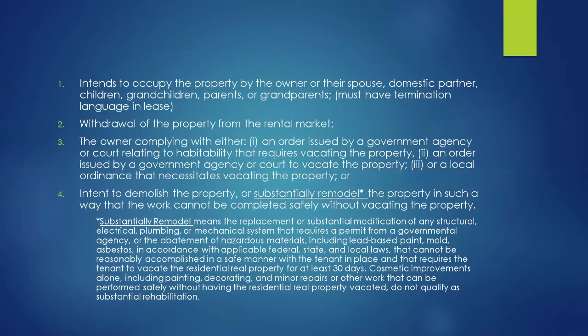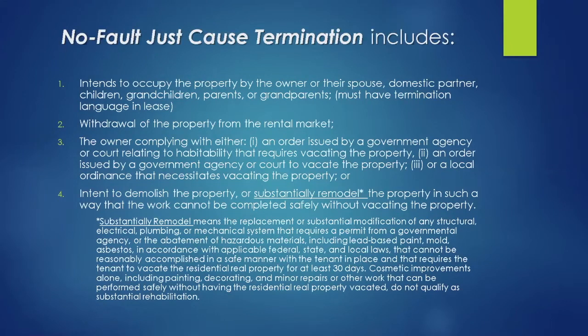And no-fault just cause termination includes the following. Number 4 is going to be a majority of us, but we'll work through them. Number 1, if the owner intends to occupy the property, either themselves or by their spouse, domestic partner, children, grandchildren, parents, or grandparents, and they must have the termination language in the lease.